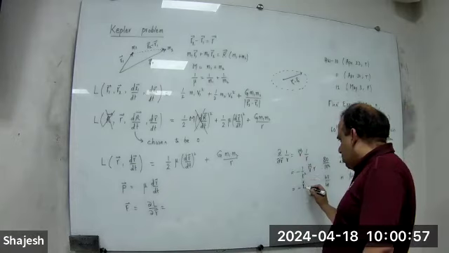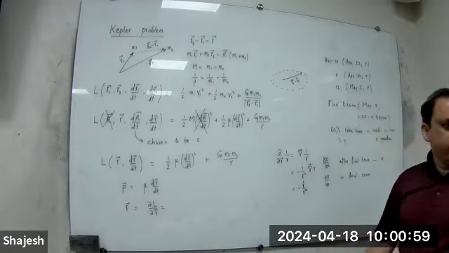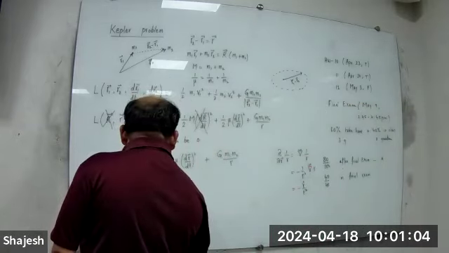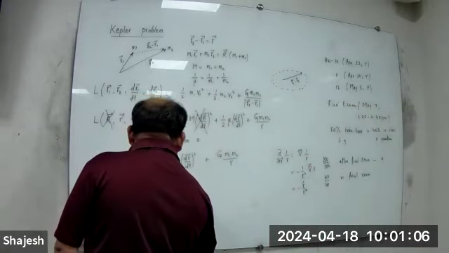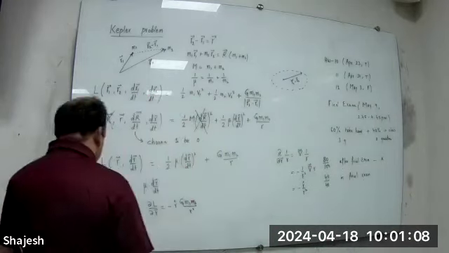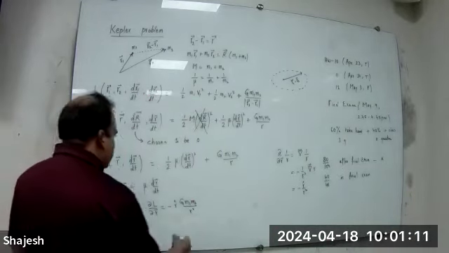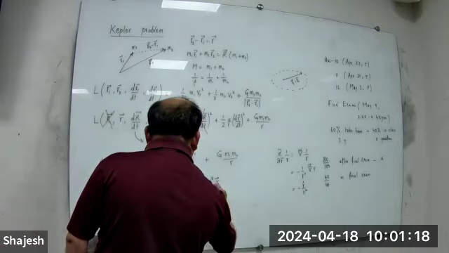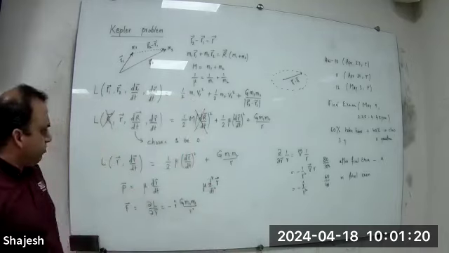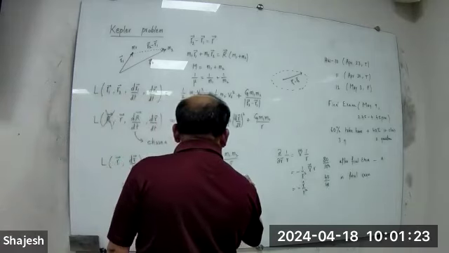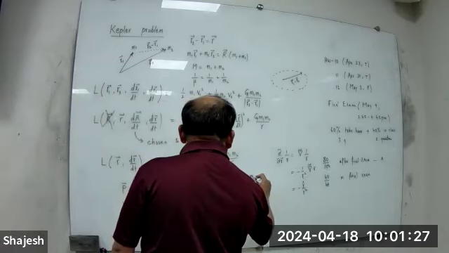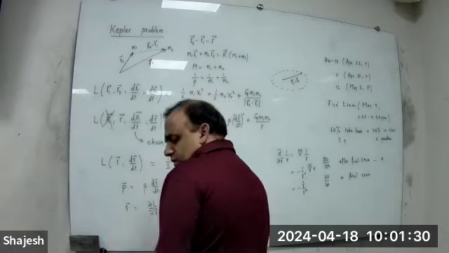So it's R hat over R squared. That's how we get the force equation, and that's nothing but minus R hat G M1 M2 over R squared. So our Newton's law or equation of motion will be d squared by dt squared of R, times mu here, is equal to minus R hat times G M1 M2 over R squared.